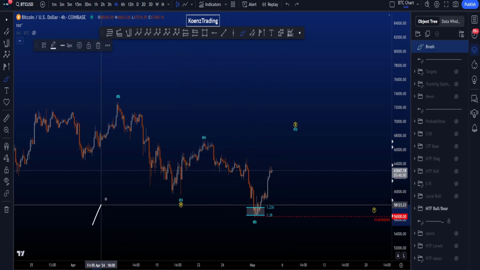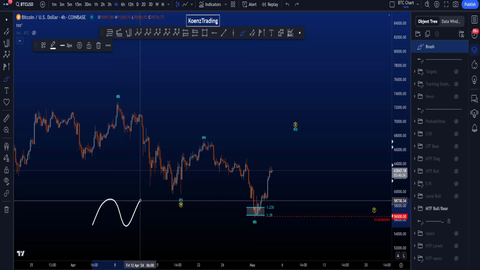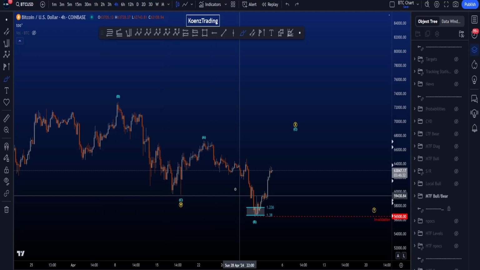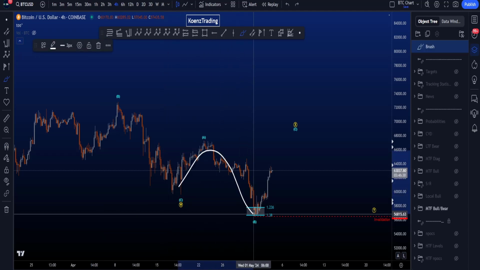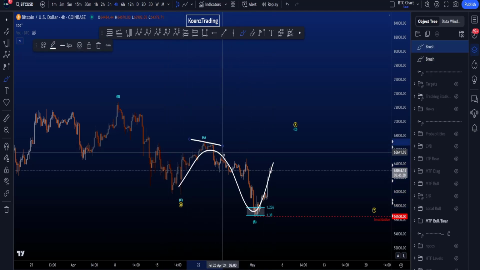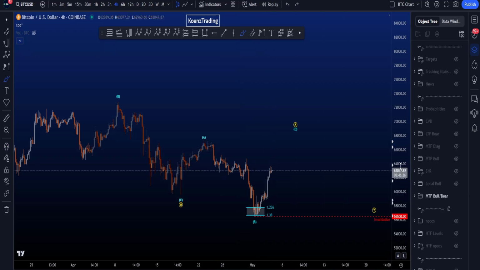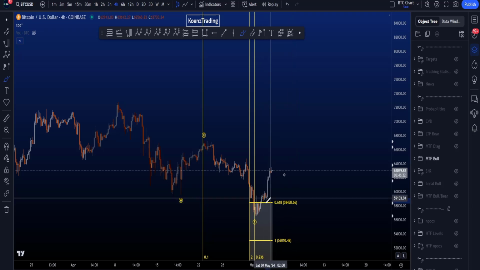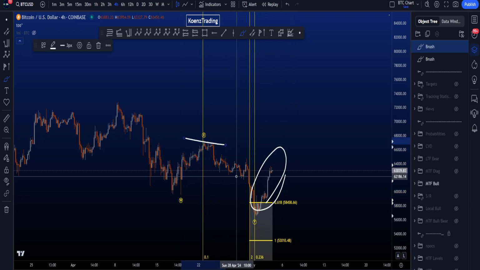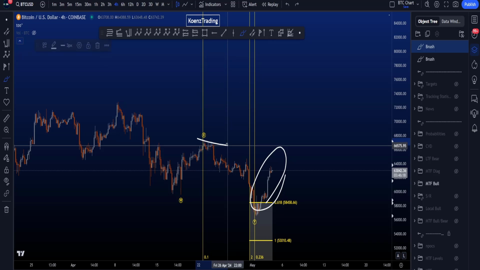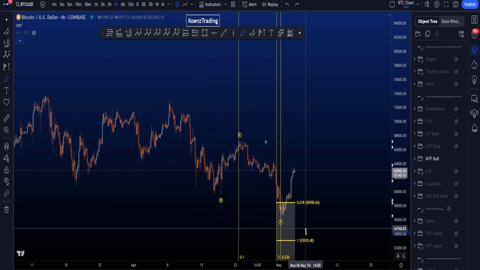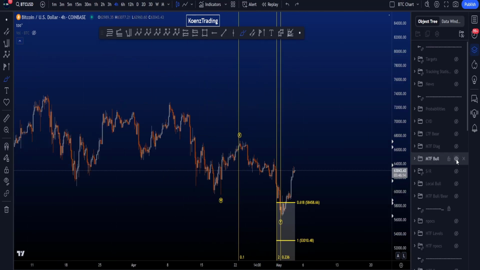The second most common flat structure is a regular flat, which is more of a ranging structure, but wave C should still take the high of A. The least common, rarest flat pattern is a running flat, wave C not taking the high of A, which therefore is never preferred unless all of the other stuff fails. So if we finish an impulse here to the upside, not taking the high of this structure here at 67k, the probabilities go up for this scenario, right?